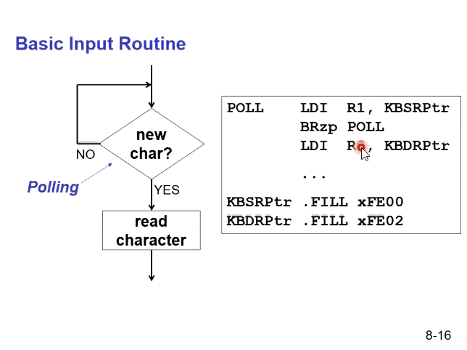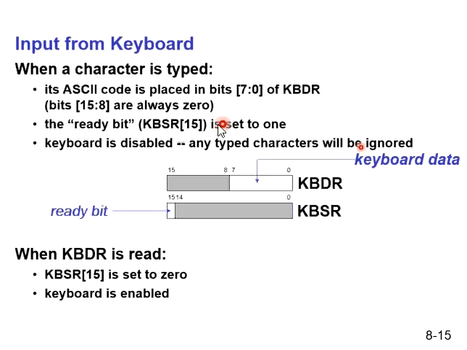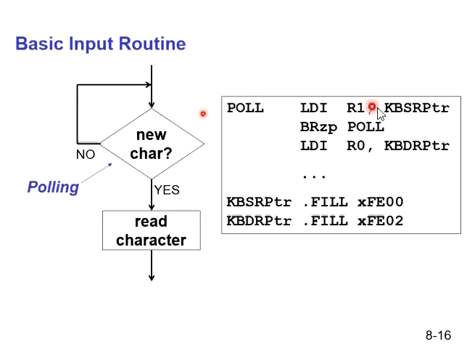When it's 1, that means we have a character, and the keyboard is disabled. So when we have 1, the value in R1 is negative, and we go out.